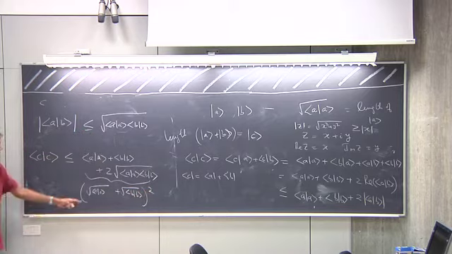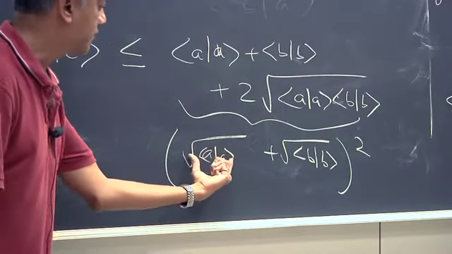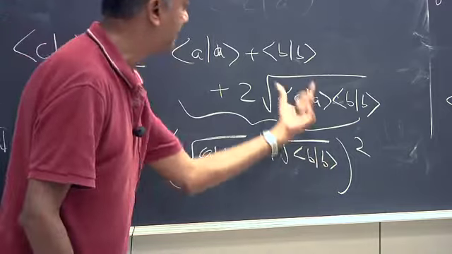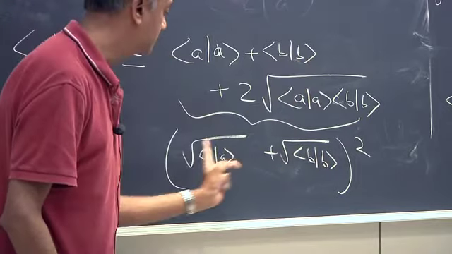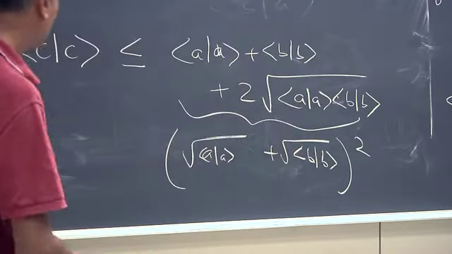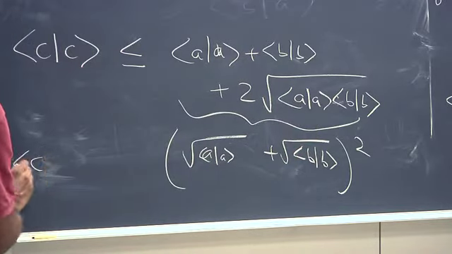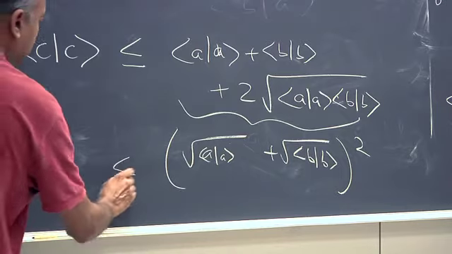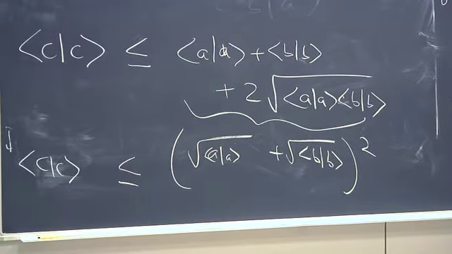If you take the whole square, just open the bracket: the square of that, which is this, plus the square of that, which is that, and then the cross product 2 times this times that, which is that. Okay. So we have come to this conclusion that CC is less than or equal to that, and that's what we wanted to prove.